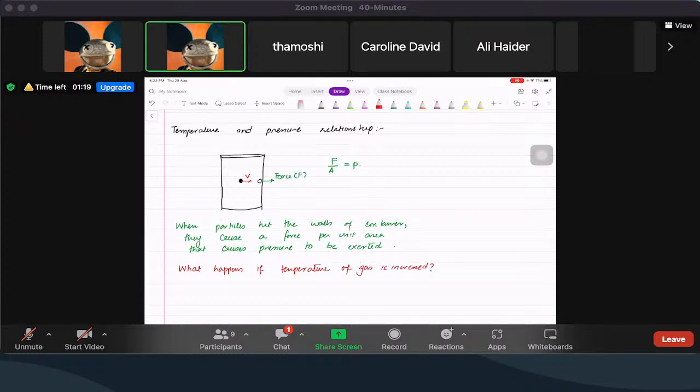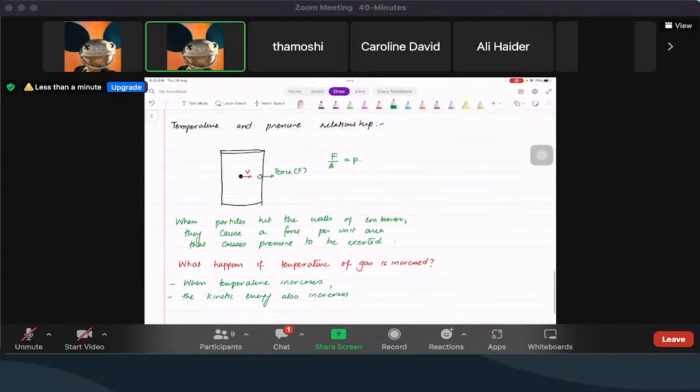The answer to this is that when temperature increases, the kinetic energy also increases, as we've learned previously that temperature depends on the kinetic energy.